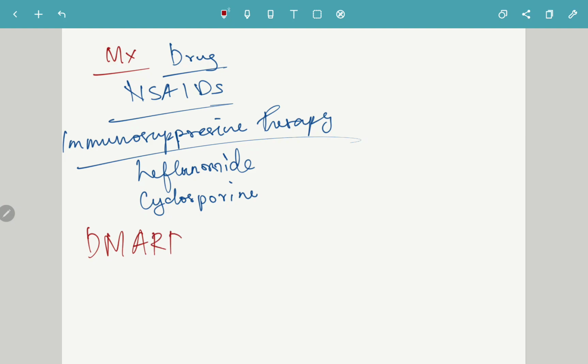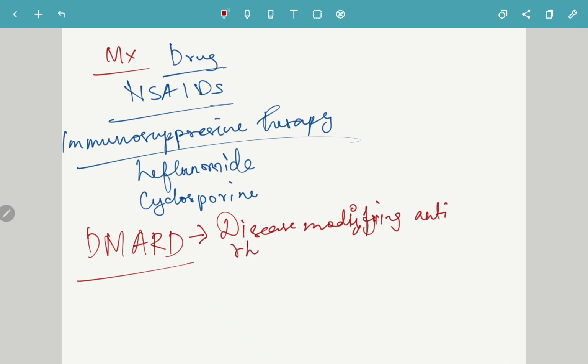What is this DMARDs? DMARDs stands for disease modifying anti-rheumatic drugs. The drug of choice given is methotrexate.